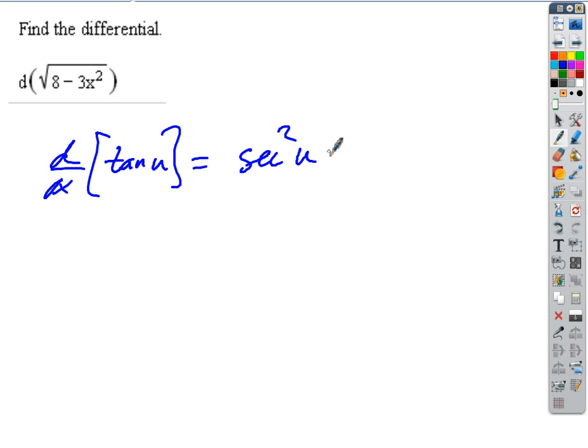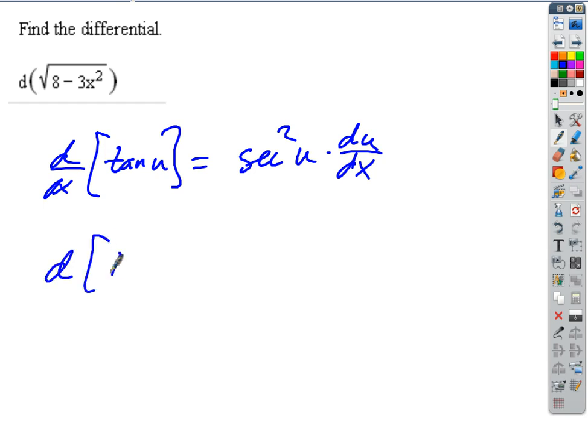right? If I want to write the differential form, now I want you to notice something here that's really important because this is going to have strong implications when we get to the next chapter. If I multiply both sides through by dx to get the differential form of this derivative, look what I get.